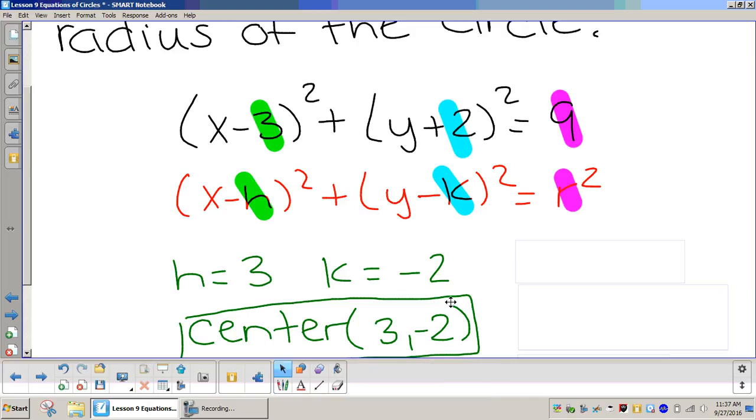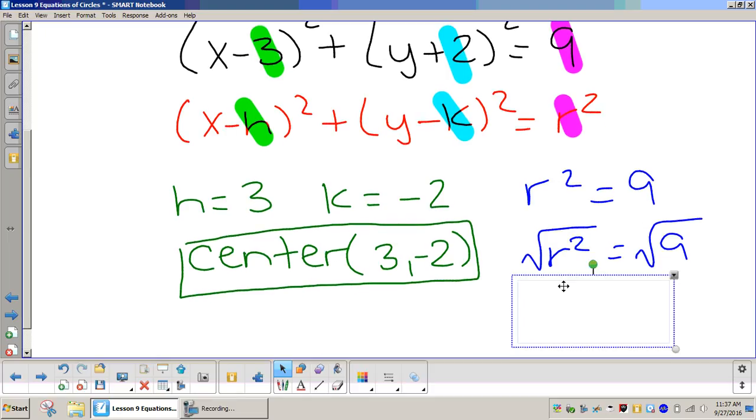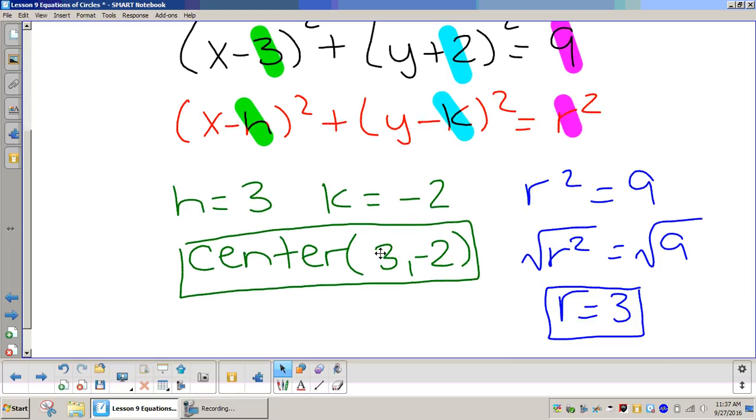So I can write a quick equation that r^2 is equal to 9. To get rid of the square over there, I square root both sides. And I'll find that the radius of this circle is 3. So if I use the general equation of a circle and I write it near the equation that I'm given, I can use it to help me find the center and the radius.